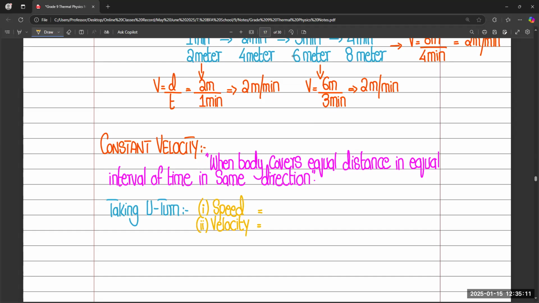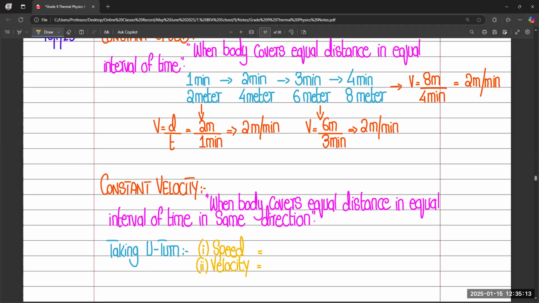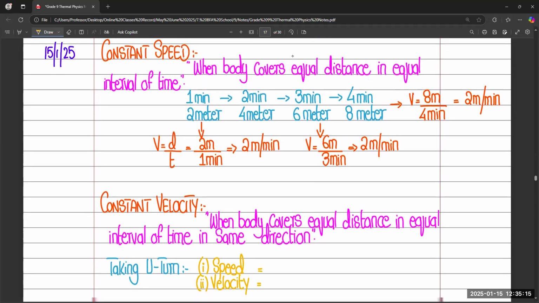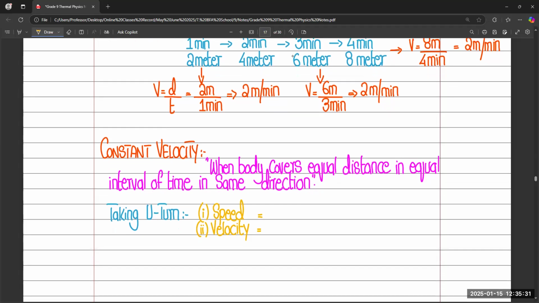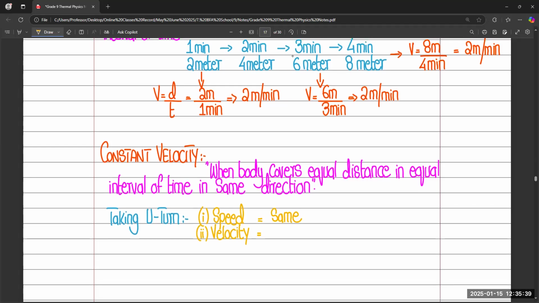Only speed. And what about velocity? Does velocity remain the same or will velocity be different? So basically speed remains the same, because in speed, no direction is required.